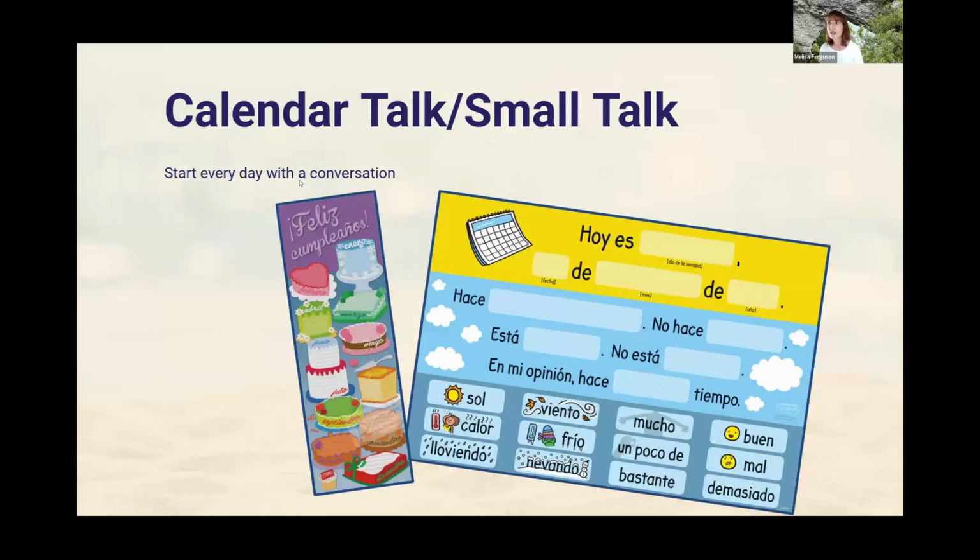So one thing is calendar talk or just small talk. So you want to have somewhere in your classroom where you're talking about what's going on in your students' lives every day. Start out by talking with the date. So I would always, every day, I had my spot for the date. So we'd talk about what day it is, what date it is. You can throw in some weather if you want to. If it's a student's birthday, you want to point that out so that you can be recognizing those students as well. And this can all be in the same area.